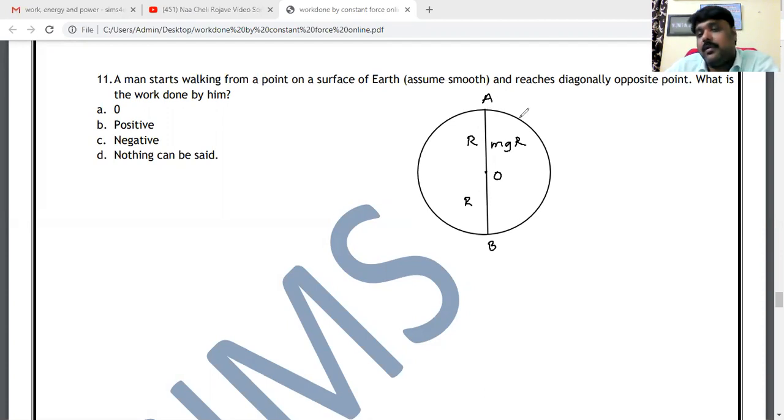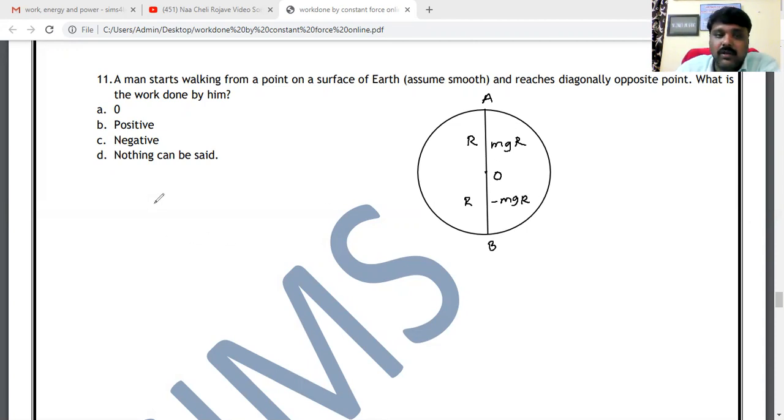If he is coming from A to here, he is coming towards the gravitational pull, then it implies when he moves from this point to B, he is moving against the gravitational force of our earth. Hence, the work done is negative.